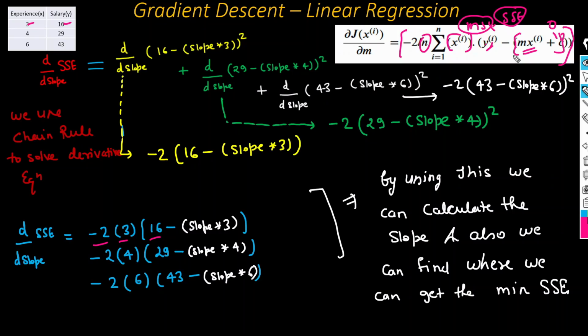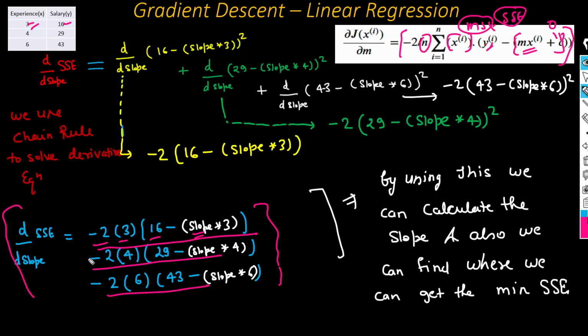So we only have to calculate m and x. M is your slope and x is this 3. This way we can calculate the derivative for all 3 samples, so this will be your total derivative with respect to slope.